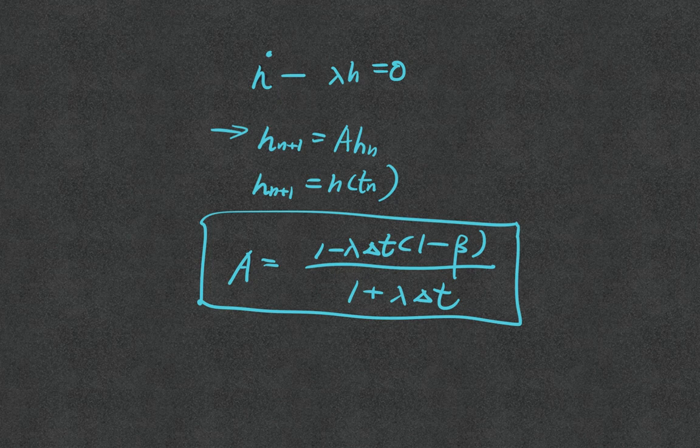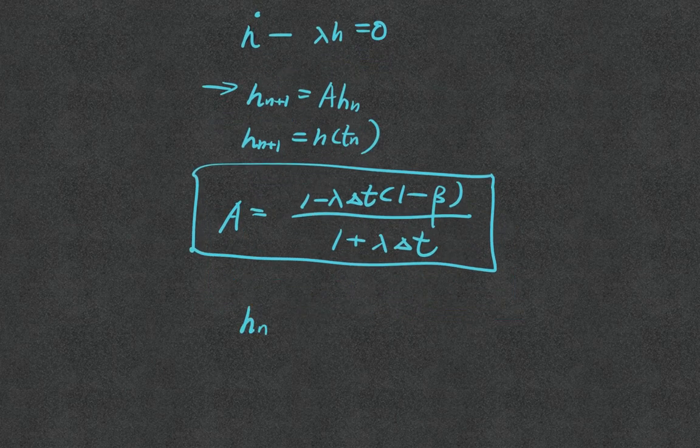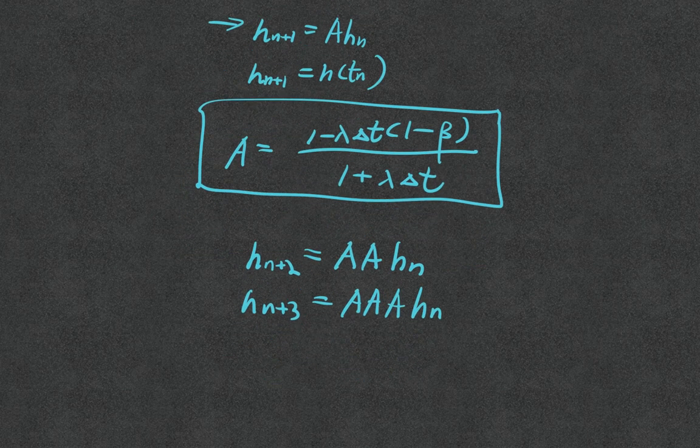Notice that given h_n, to compute h_{n+1}, what we need to do is just multiply by this factor A. A very important thing is that if I want h_{n+2} as a function of h_n, then I apply A twice, and if I want another time step, I just add another A. Does that make sense?